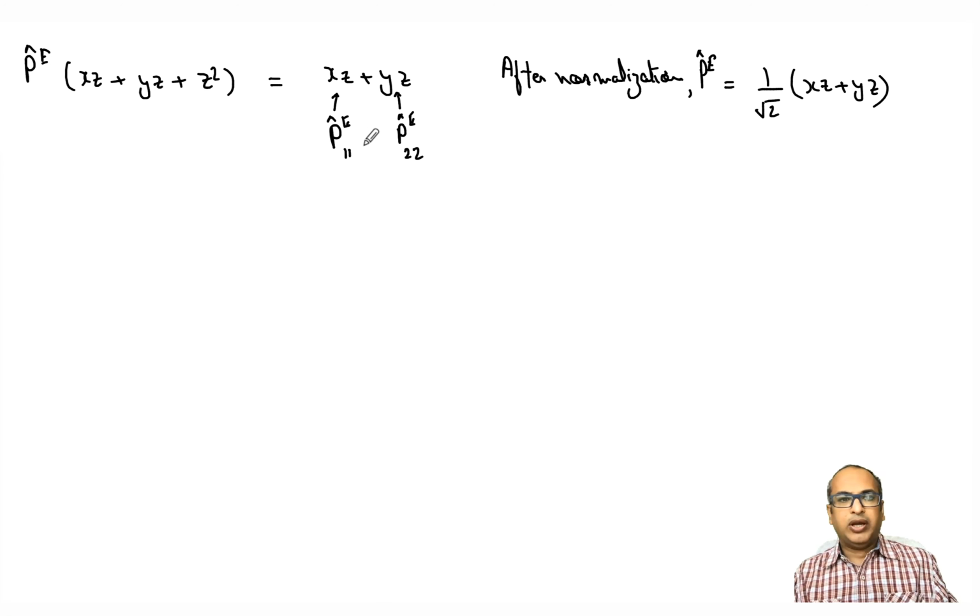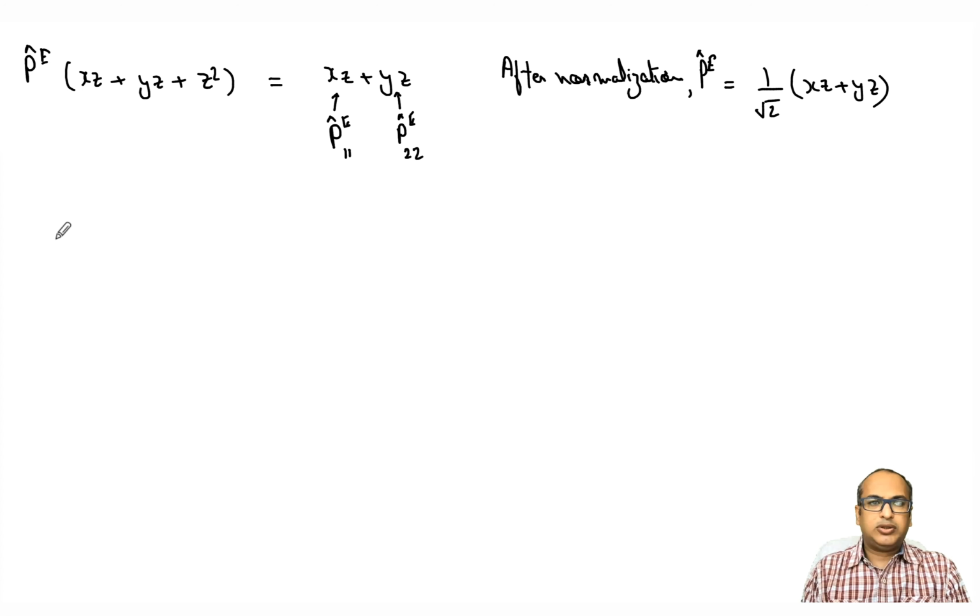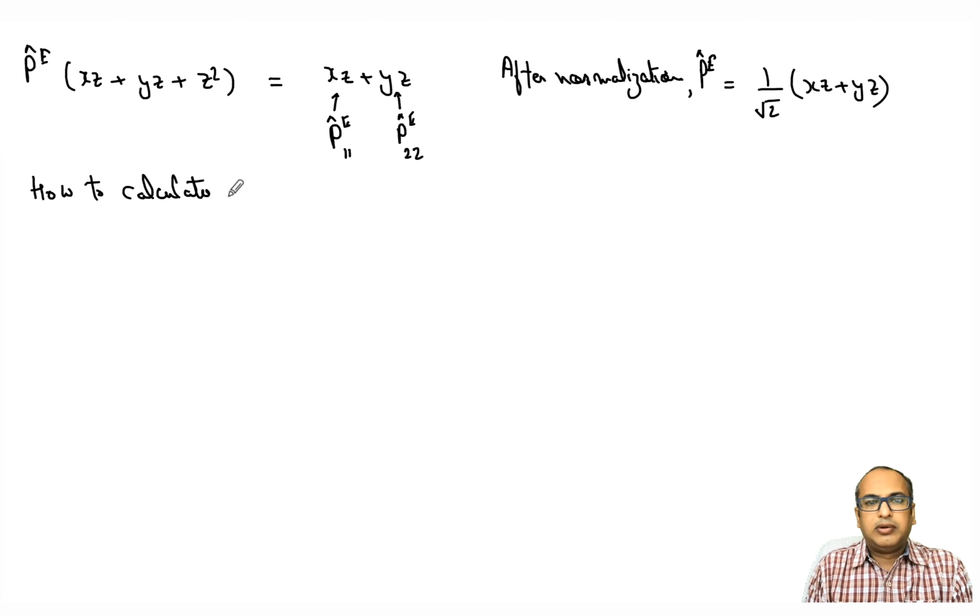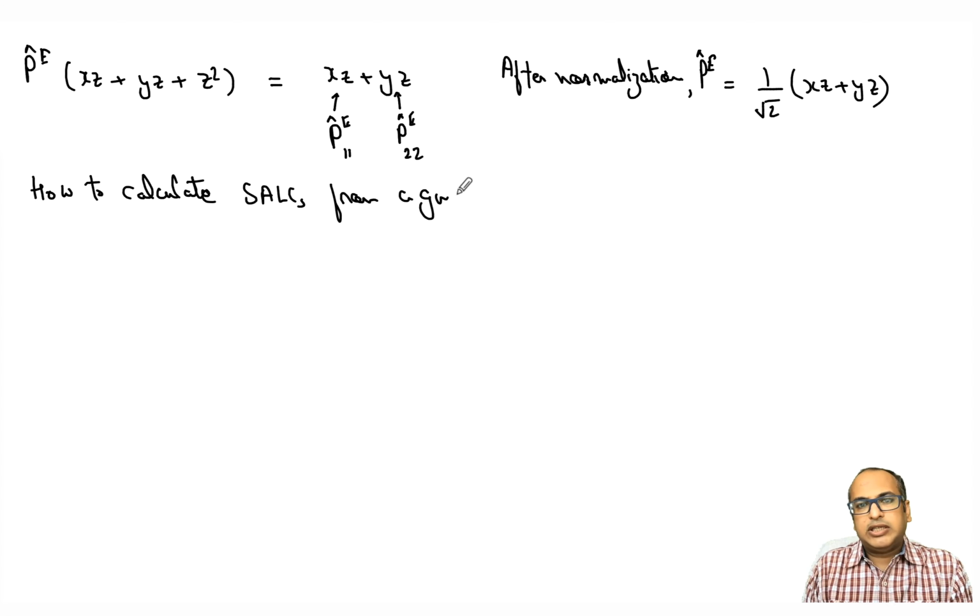So now that we are well versed with how the projection operator calculation works, we'll see how to calculate SALCs from a given set of atomic orbitals, right?